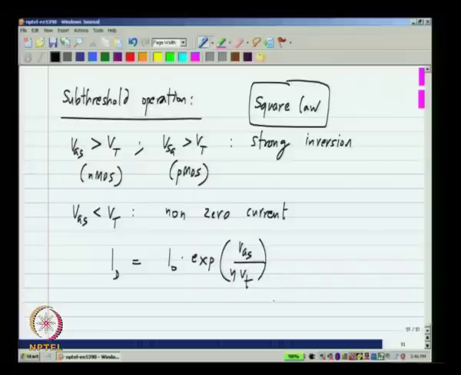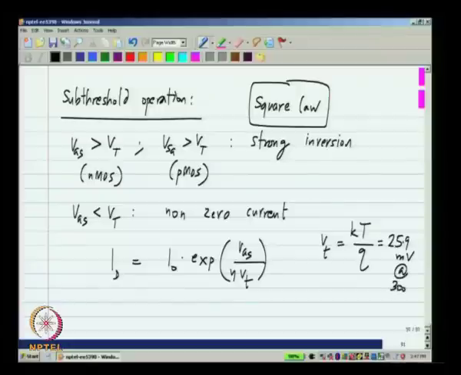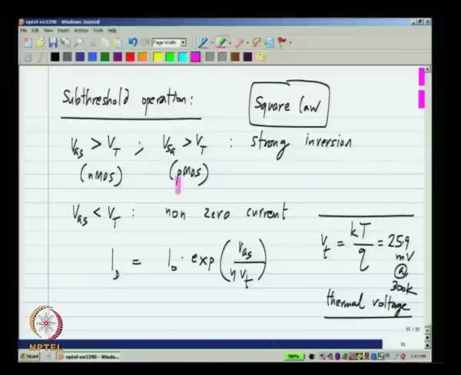This is similar to that of a bipolar transistor, where this Vt is kT by Q, which is 25.9 millivolts at room temperature, is the thermal voltage. So, it goes from being a square law device to an exponential device.